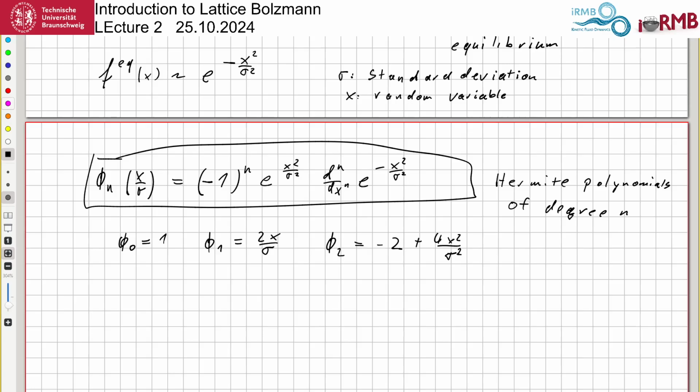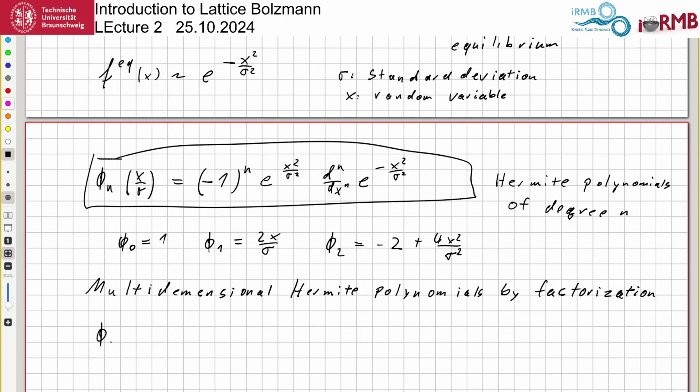But the one thing that is important in the Lattice-Boltzmann method is that we have many dimensions, and therefore we look at the multidimensional Hermite polynomials, and they are generated by factorization. So we say that the entire function phi n m l, so now they have 3 dimensions, yeah?